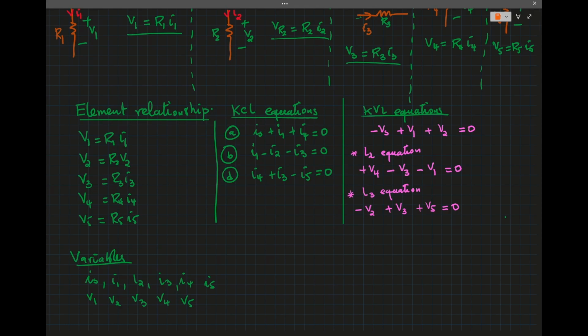Okay, so these equations are going to lead us to solve for all these variables.